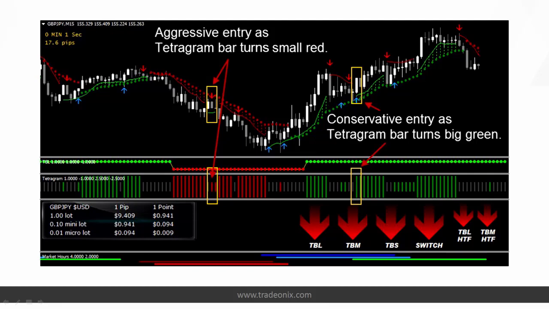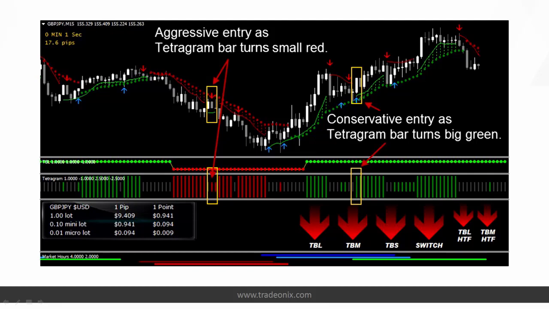Now on the green or the long side, when we move over, we're looking at a conservative entry as the tetragram bar turns to a big green. When we get a big green tetragram bar, every single indicator has turned into the right direction. That means that initially with the pullback, we've had 1 or 2 or 3 indicators change direction.